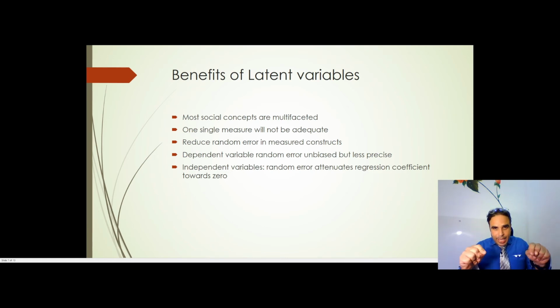So PhD students, master students, when constructing your models, it's important to take into consideration the possible random errors and the systematic errors that might impact the relationships in the studied variables.